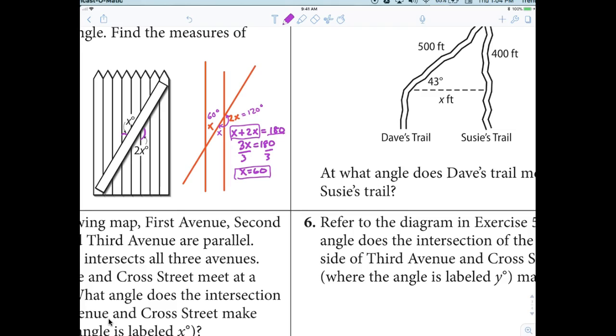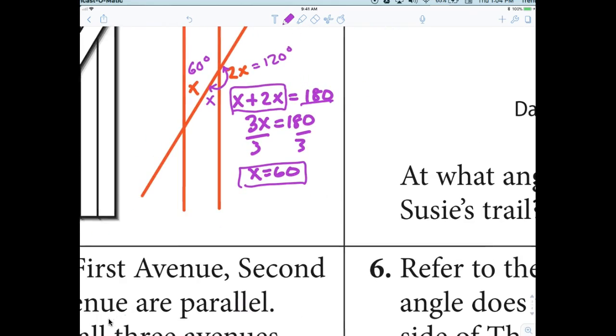You're solving an equation, 3x equals 180. How do you solve that equation? Because I added right here 1x plus 2x. Right? Because we said the angles were supplementary, which means you added them up.